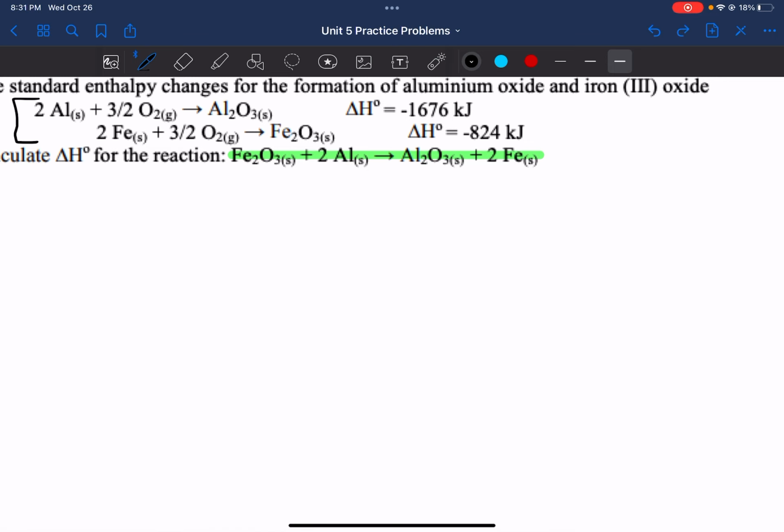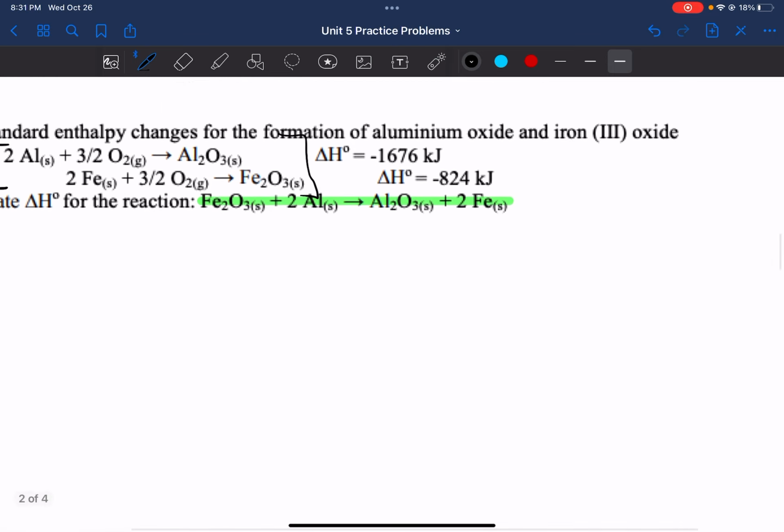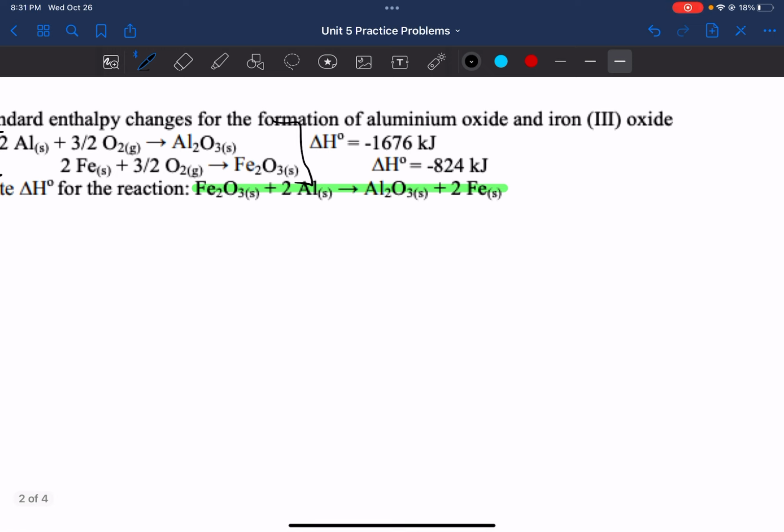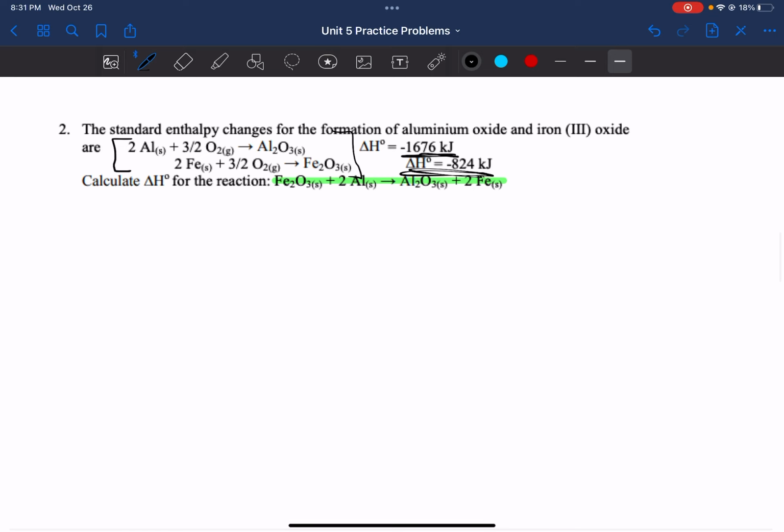And I'll show you how to do that. But more importantly, they each have the delta change of H, which is extremely important to find for this.